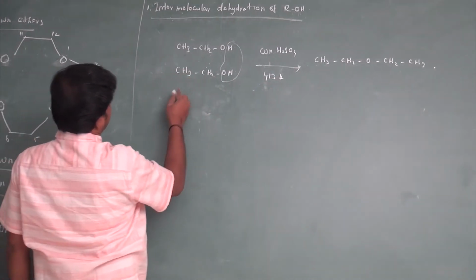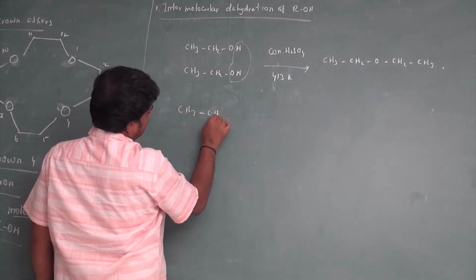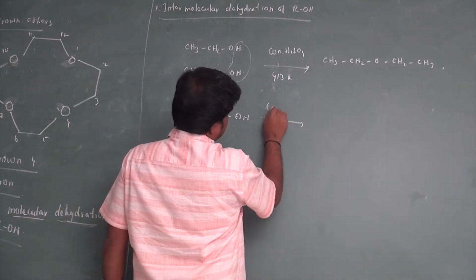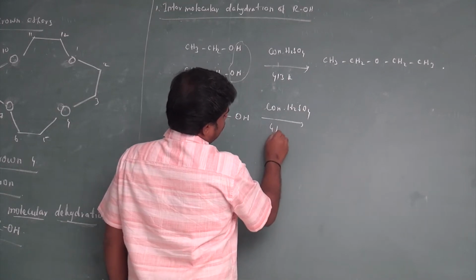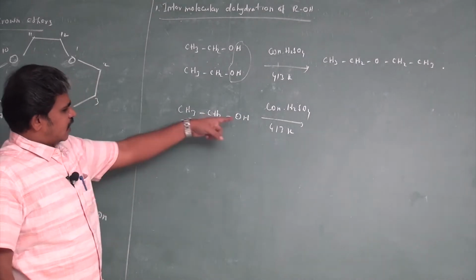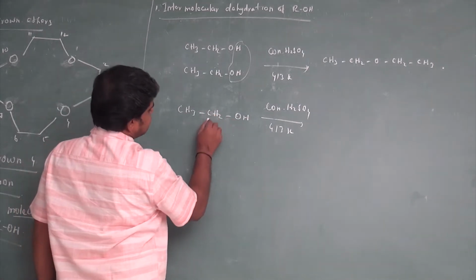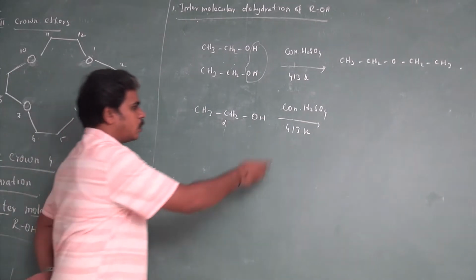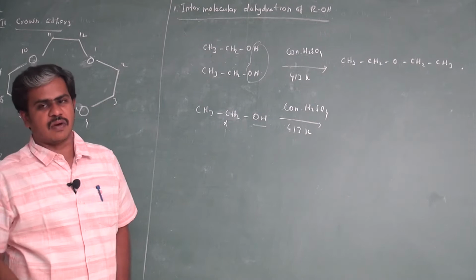If we are taking only one molecule, suppose CH3CH2OH, then the same thing, in presence of concentrated H2SO4 at 413 Kelvin. Then here it reacted with only one molecule, and here it is an alpha carbon. What do you mean by alpha carbon? Next to the functional group. Alcohol is a functional group. Next to the functional group is nothing but alpha carbon.